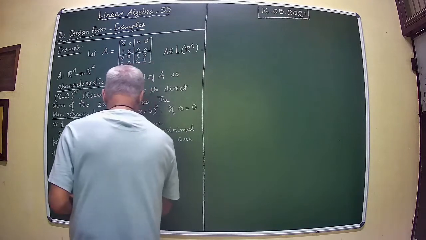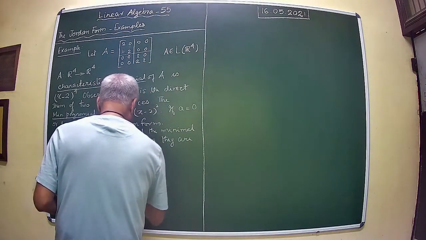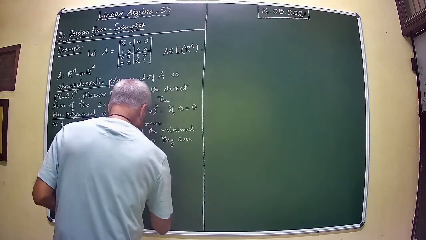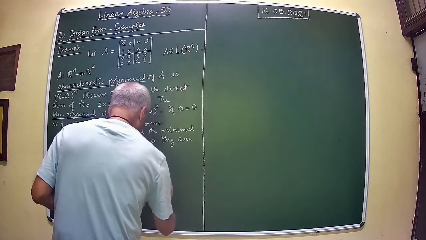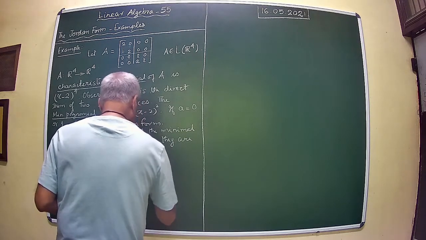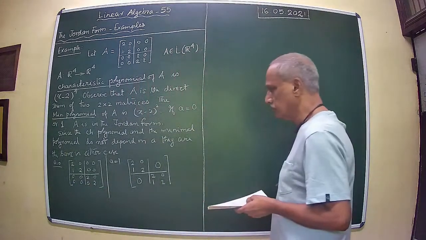This is 2, 0, 1, 2. And a repetition of the same thing, 2, 0, 1, 2. Both credible Jordan forms. These are the two cases that we have.